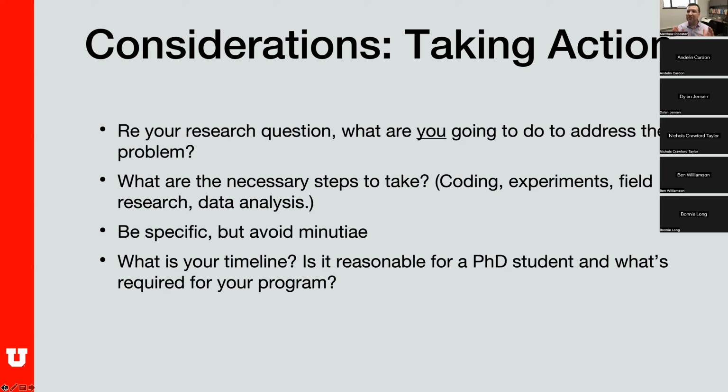So especially for those of you on the newer side or rising seniors, looking ahead to graduate school in general, it's very easy to think too big. I'll give a personal example here. When I was starting graduate school, and my background, I'm a social scientist, not STEM, and my area is education policy and leadership.